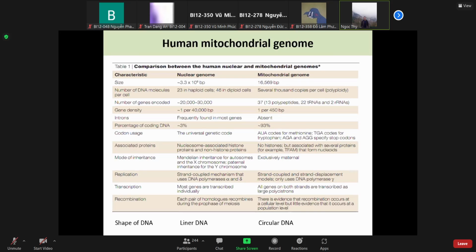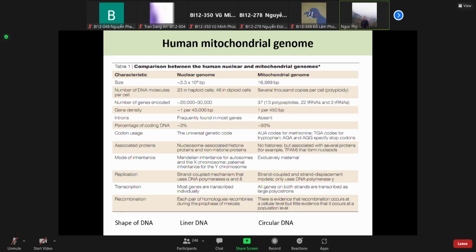Meanwhile, the size of the mitochondrial genome is quite small, because normally the genome of a prokaryotic cell is relatively smaller than the eukaryotic ones. So the mitochondrial genome is small, just more than 16,000 base pairs. Regarding the number of DNA molecules, the nuclear genome in a somatic cell contains 46 chromosomes, equivalent to 46 molecules of DNA associated with histone protein.